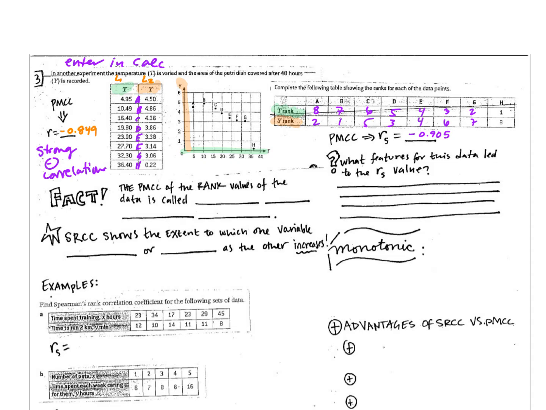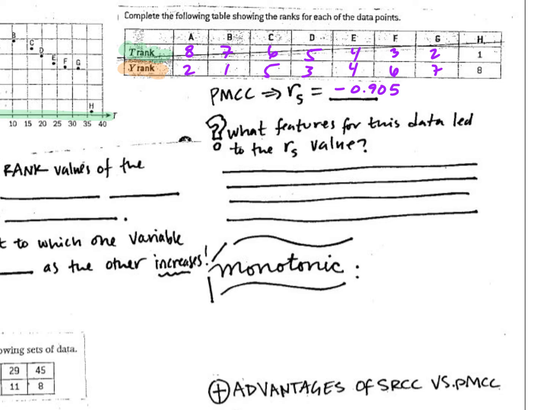B sort of changes that. So it's not strictly decreasing because that B sort of bounces up. But it's headed in that direction. So I'm going to write something about that here. As T increases, Y decreases. And again, this would be a strong negative correlation.